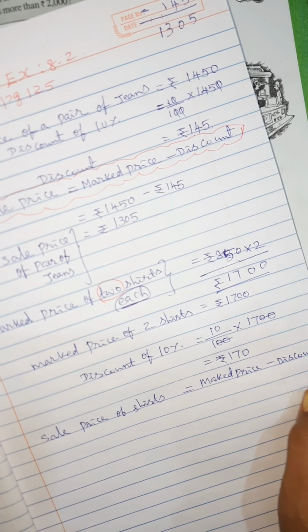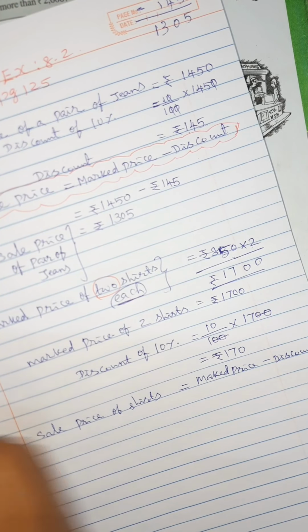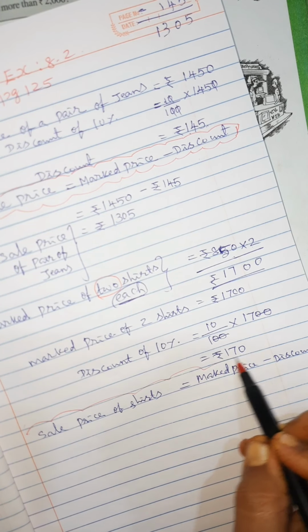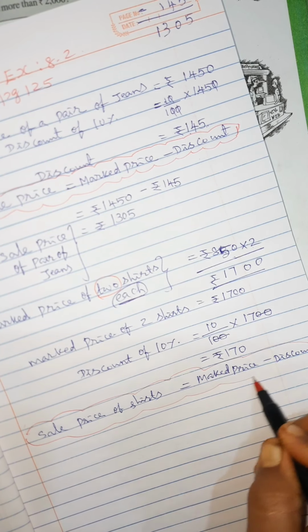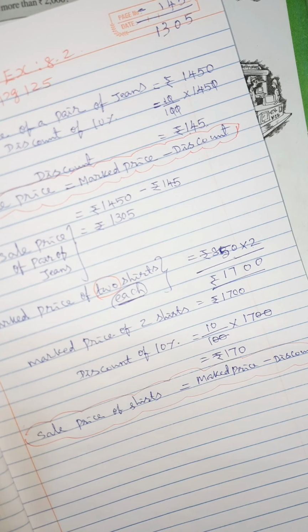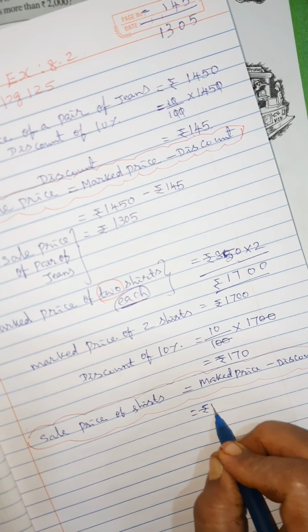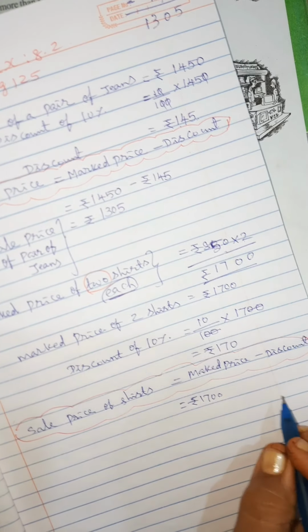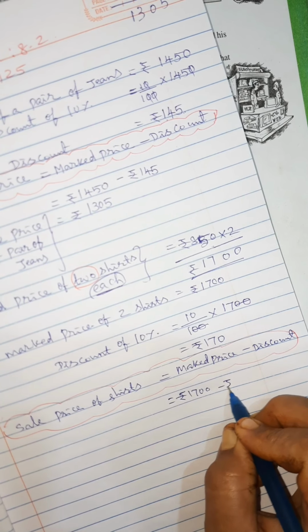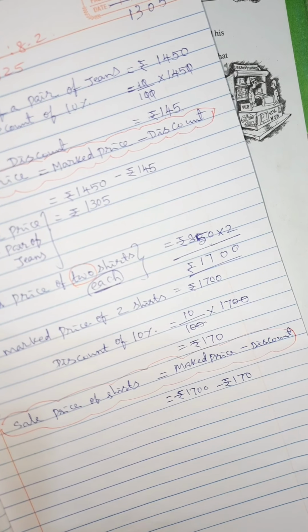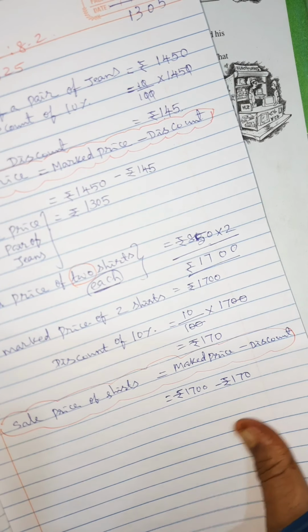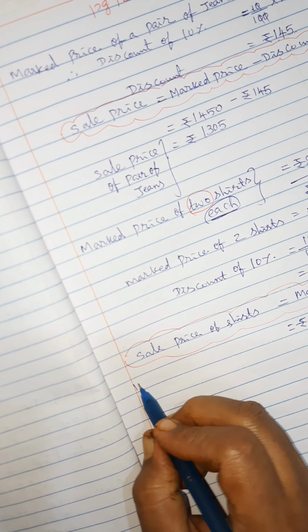This is the formula. Already we have seen this. So it is 1700 minus rupees 170. Okay, I'll do the subtraction here.